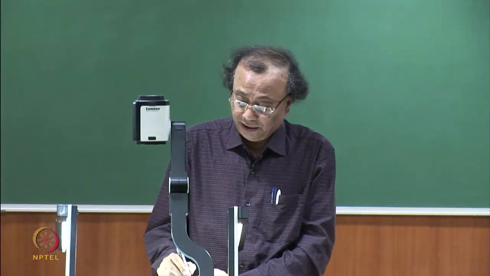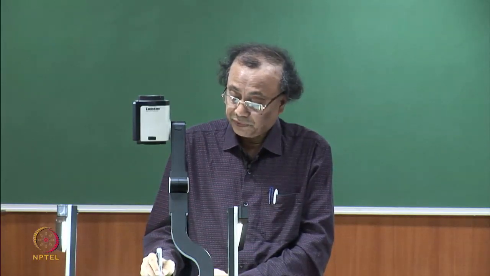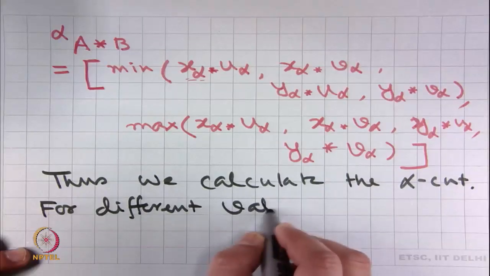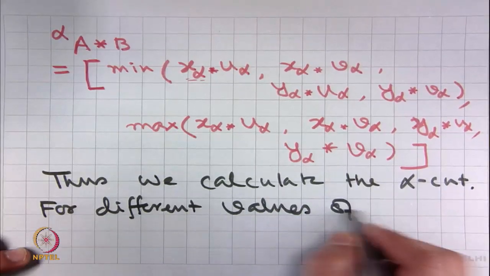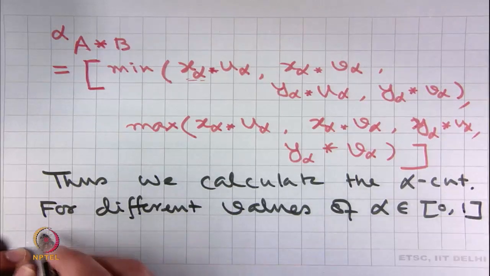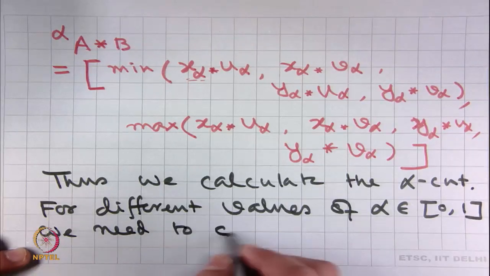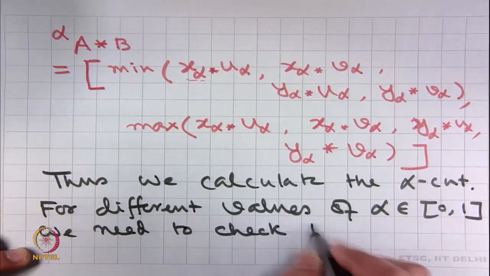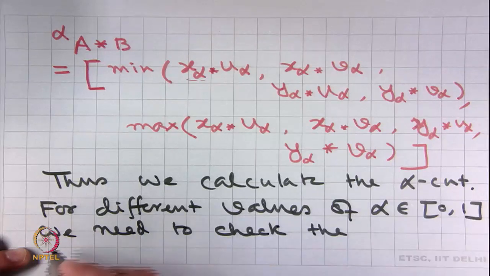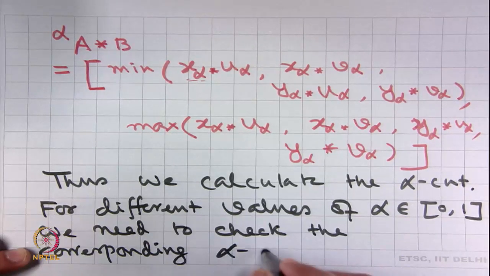So, for different values of alpha belonging to [0, 1], we need to check the corresponding alpha cuts.